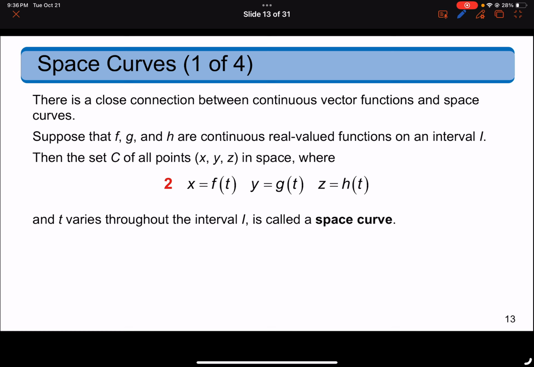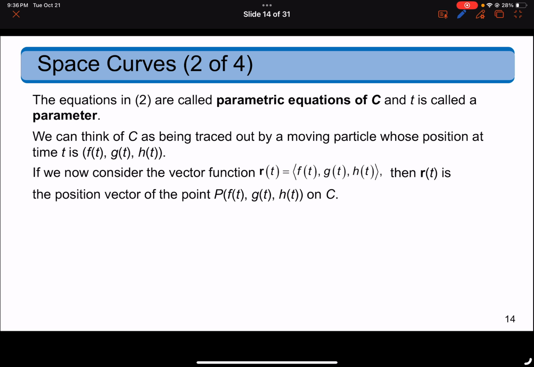Suppose that f, g, and h are continuous real-valued functions on an interval I. Then the set C of all points (x, y, z) in space, where x is f of t, y is g of t, and z is equal to h of t, and t varies throughout the interval I, is called a space curve. The equations in 2 are called parametric equations of C, and t is called a parameter.